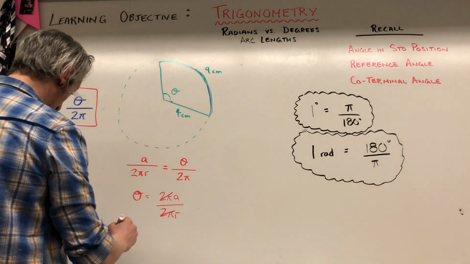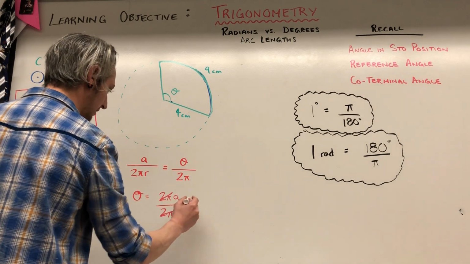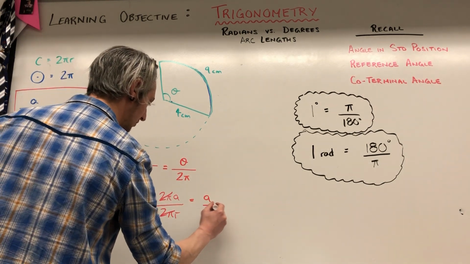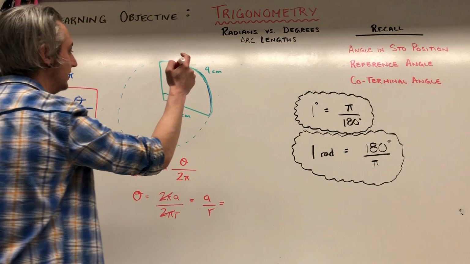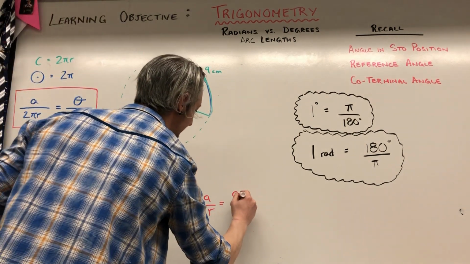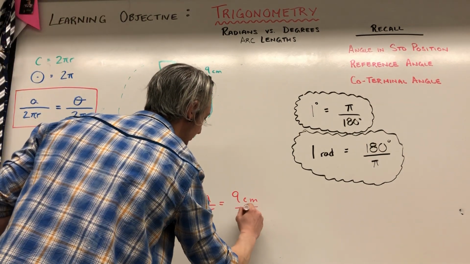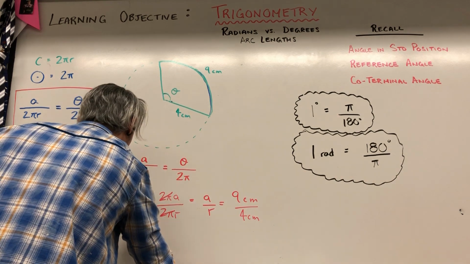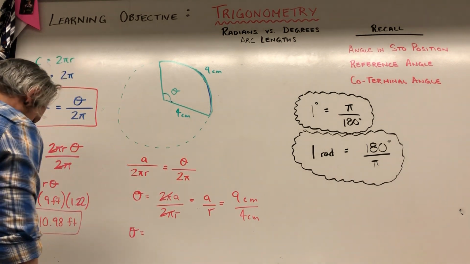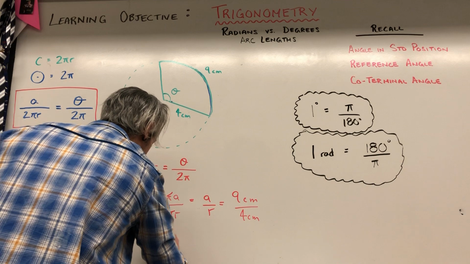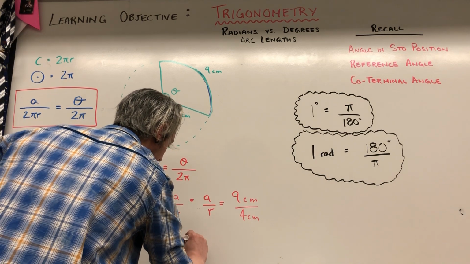And my angle, therefore, is equal to A over r, which is arc length, 9 centimeters, over radius, which is 4 centimeters. And this gives me an angle of 9 divided by 4, 2.25 radians.